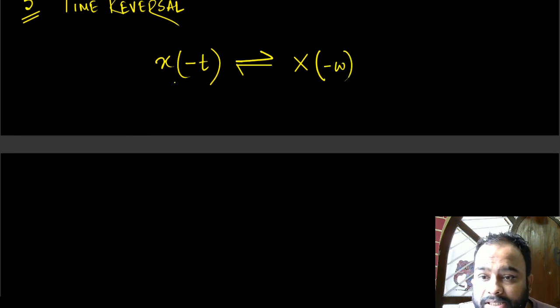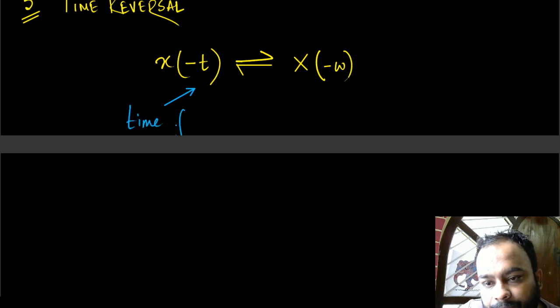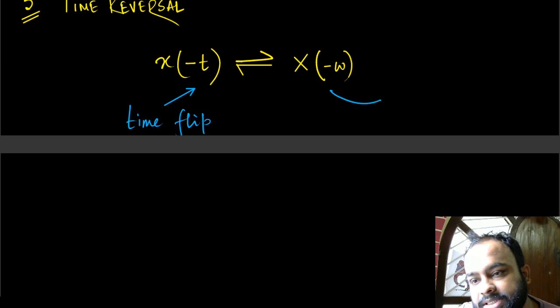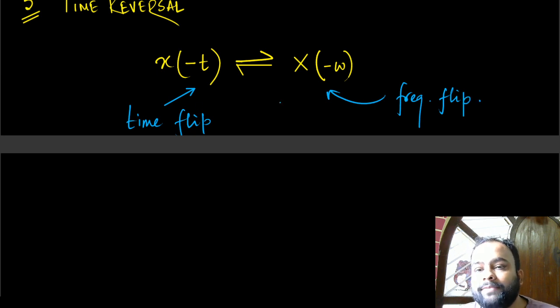So what is this? This is a time flip, right? Of course, from previous classes, you understand this is a time flip. And what is this? This is a frequency flip. So a time flip immediately results in a frequency flip. That is what it tells me. But this has certain serious implications.